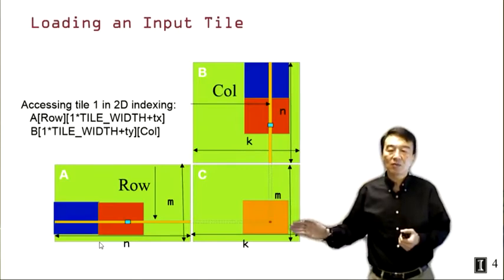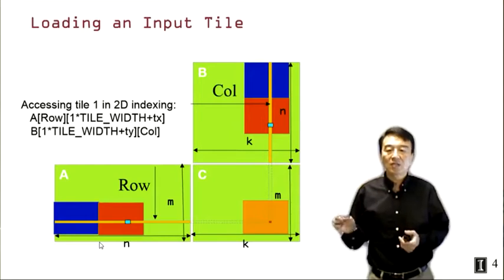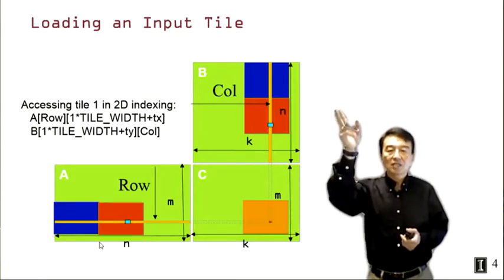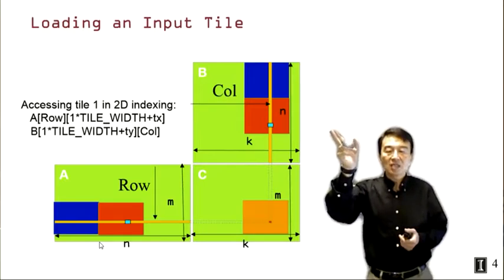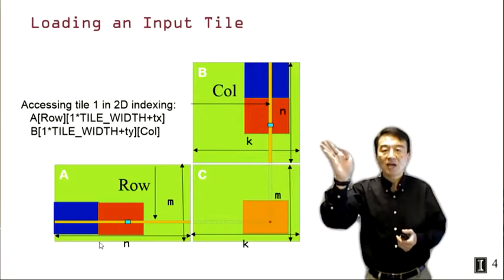Essentially, we're moving horizontally from the blue tile to the orange tile. So the coordinate for the X dimension for that blue dot has advanced by a full tile width. If we look at the B tile, it's the same situation, but in the Y direction. The Y position of the blue dot has advanced by a full tile width.